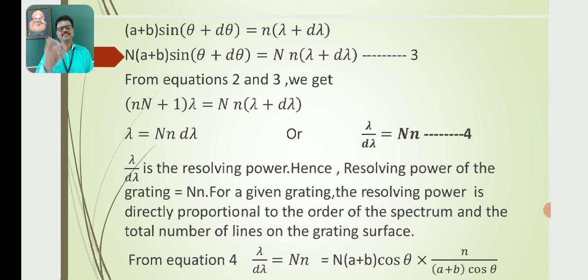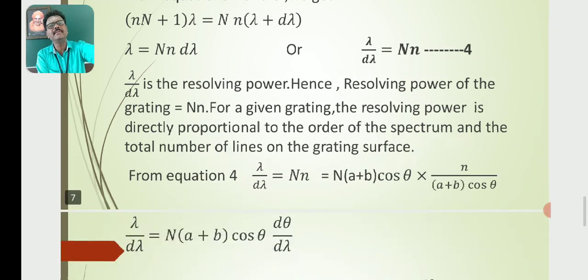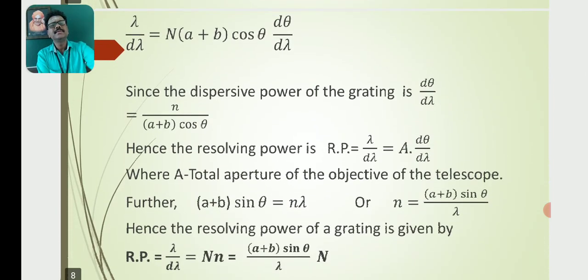In the earlier study of the theory of grating, we know that small n is equal to (A+B)sinθ... here, multiplying and dividing by the factor (A+B)cosθ, λ/dλ is equal to N(A+B)cosθ into n/((A+B)cosθ). Here n/((A+B)cosθ) can be replaced by dθ/dλ.